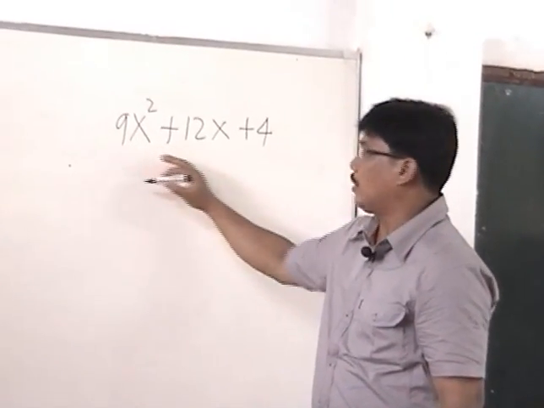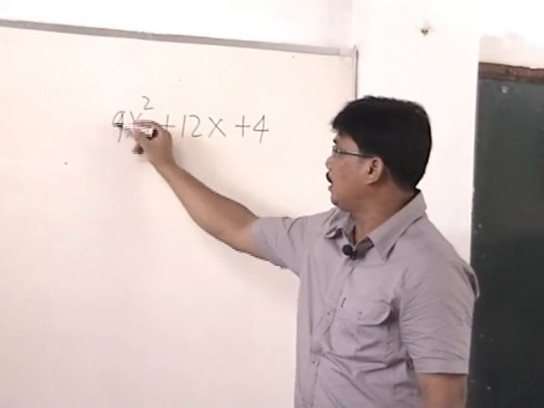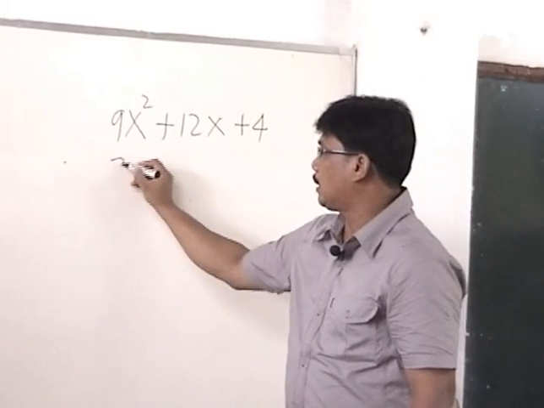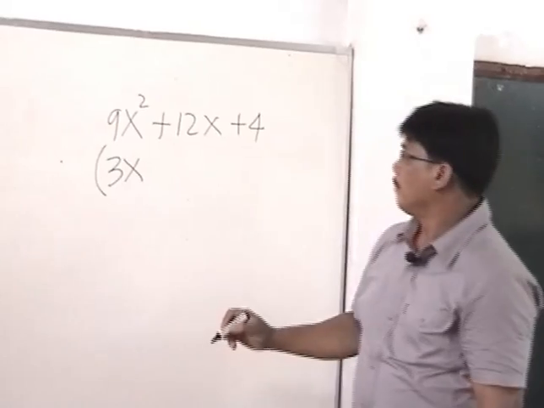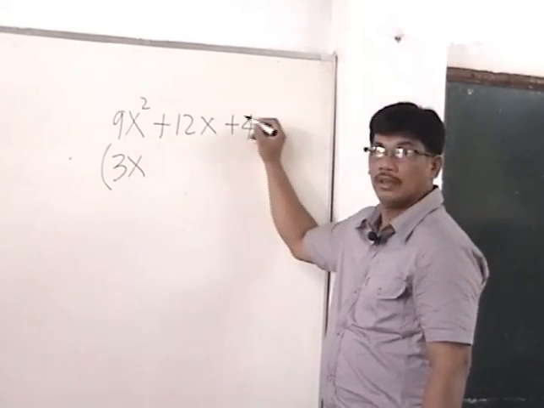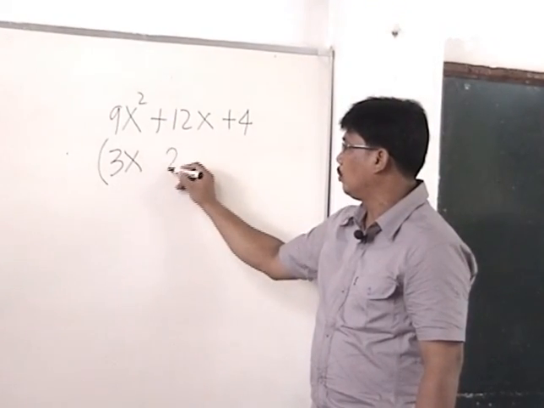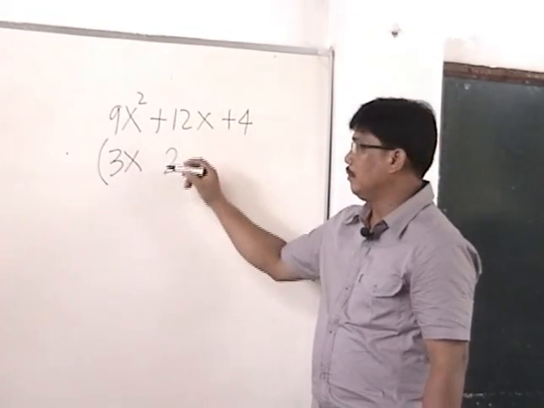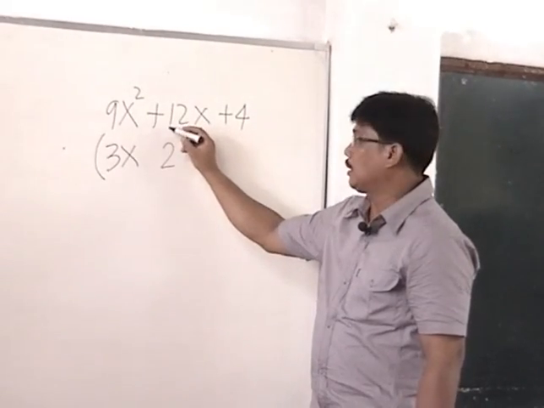So if we factor this kind of expressions or trinomials, we take the square root of 9x squared. That's 3x. Then take the square root also of the last term, which is 2. We use plus because the middle term in the given trinomial is plus.